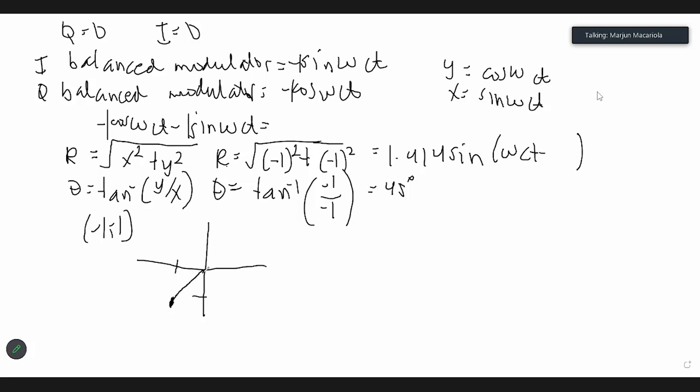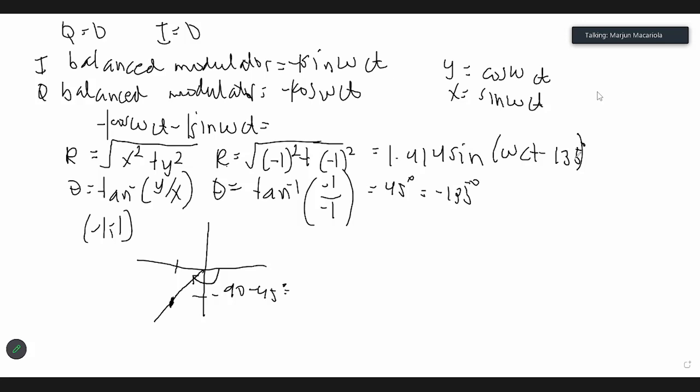So, as you can see, this is not positive 45 degrees. From its reference angle here, so that is negative 90 minus 45. Negative 135 po. So this is negative 135 degrees.